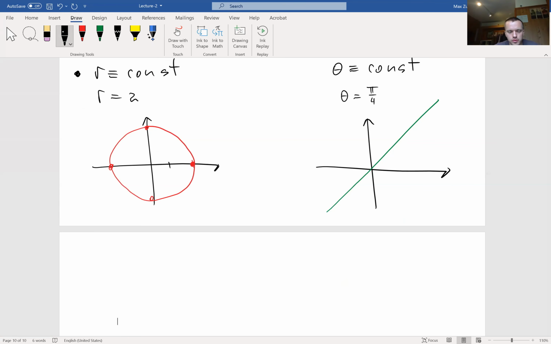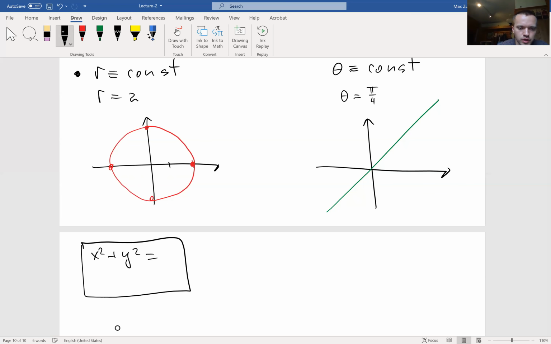Remember that we have really important formulas: x squared plus y squared is equal to r squared, and tangent of theta is equal to y over x. So if you have r equal to 2, and you can see here you have r squared, naturally, what do you want to do? You want to raise both sides to the second power. So you're going to have r squared is equal to 4.